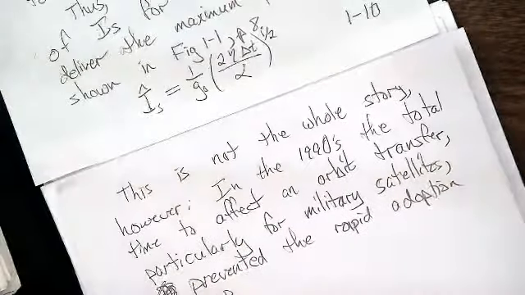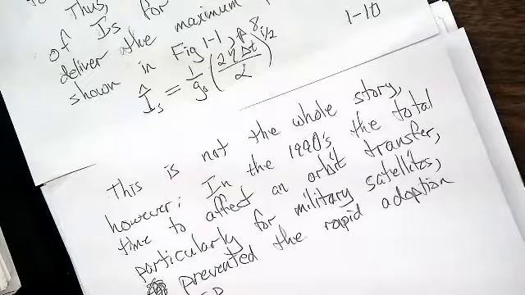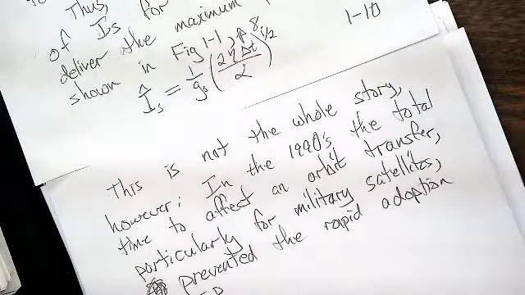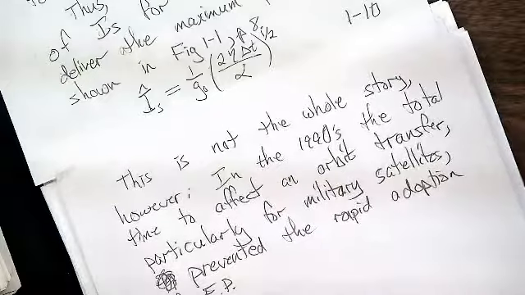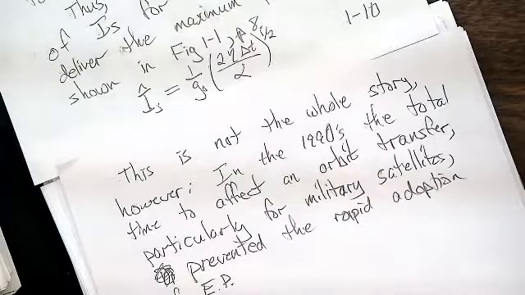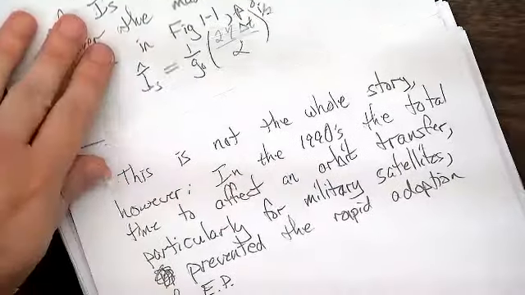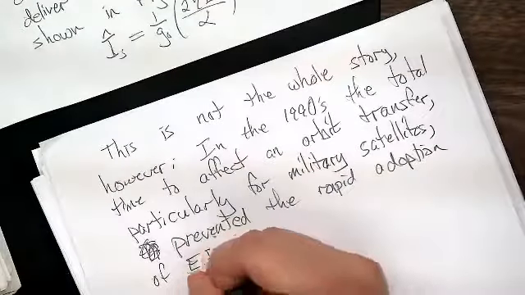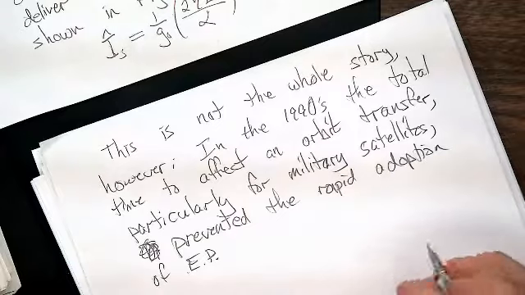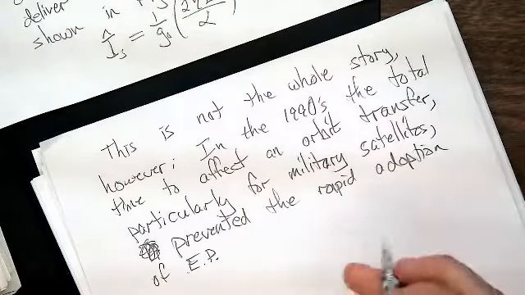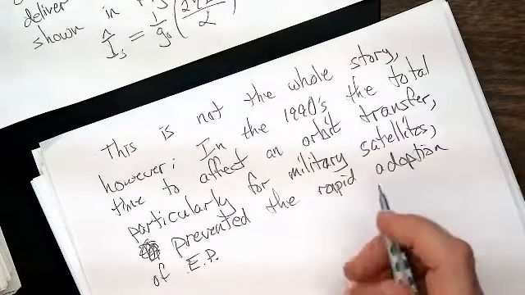The low thrust levels just kind of made it impractical to get satellites where you wanted them in a short enough time. Okay. And why is that a problem? Why is that a limitation?